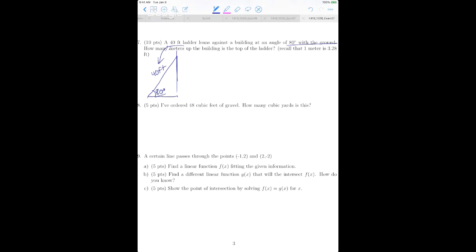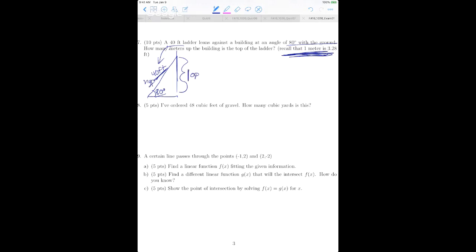And how many meters up the top of the building is the ladder? All right, so we're going to have to do a unit conversion when we're done with this, right? Well, what does this look like to y'all? Looks like a hypotenuse and an opposite, right?